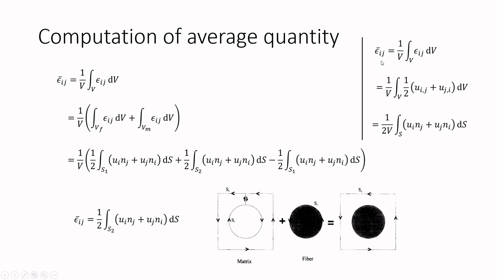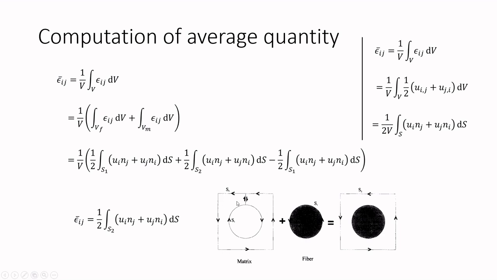So if we take the example of a fiber matrix composite here, the matrix as a whole I can treat as a continuous material, and I can use the Gauss divergence theorem. Similarly, the fiber I can treat as a continuous material, and I can use the Gauss divergence theorem. For the fiber, I can simply write an anticlockwise integration over this surface area S1.